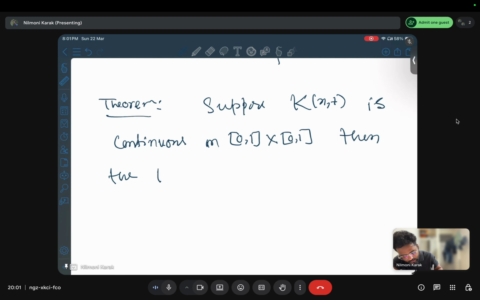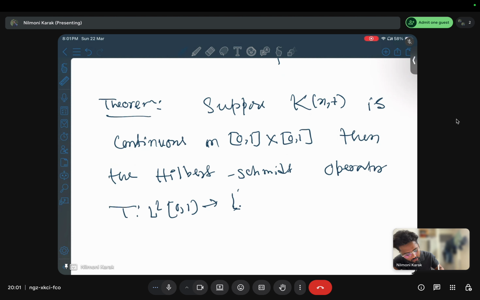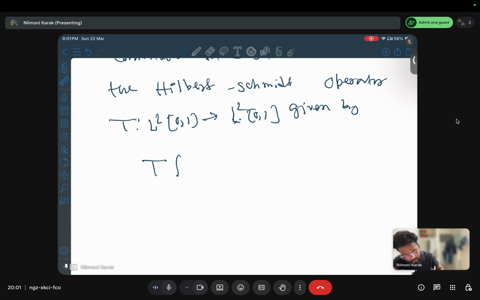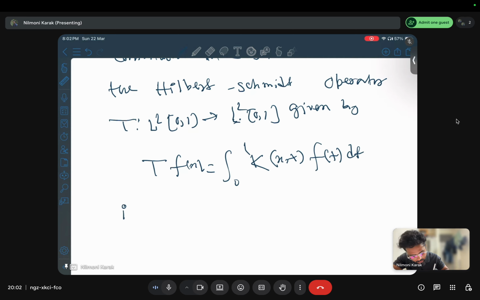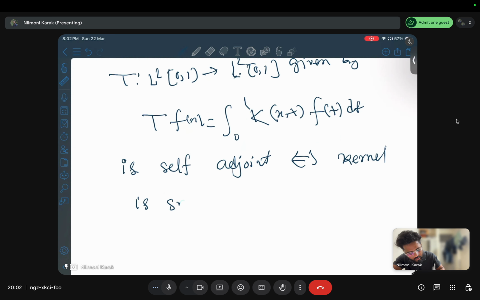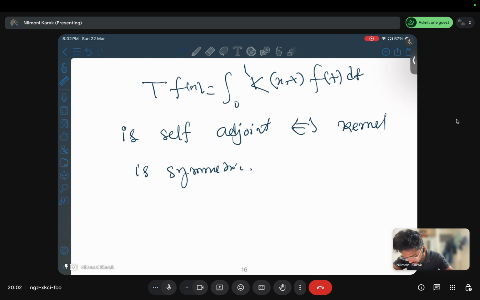Then the Hilbert-Schmidt operator T from L2[0,1] to L2[0,1] given by Tf(x) equals the integral of k(x,t) f(t) dt is self-adjoint if and only if the kernel is symmetric. Okay, I am not going to prove this.